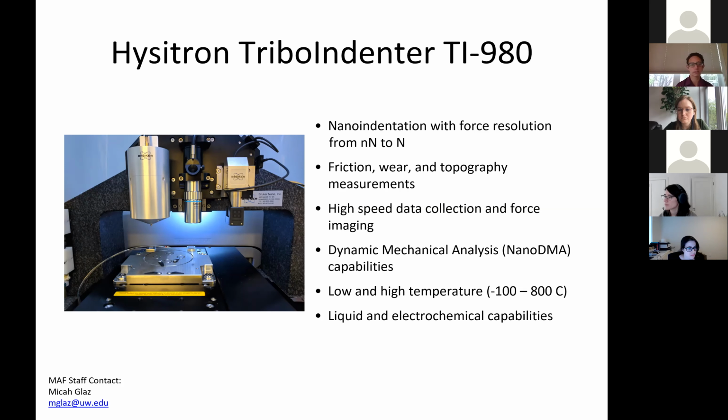You can do this in both liquid and with electrical and chemical capabilities. It has force resolution from nanonewtons up to about 10 newtons. And it's temperature dependent as well, so you can go down to negative 100 degrees C and up to 800 degrees Celsius.